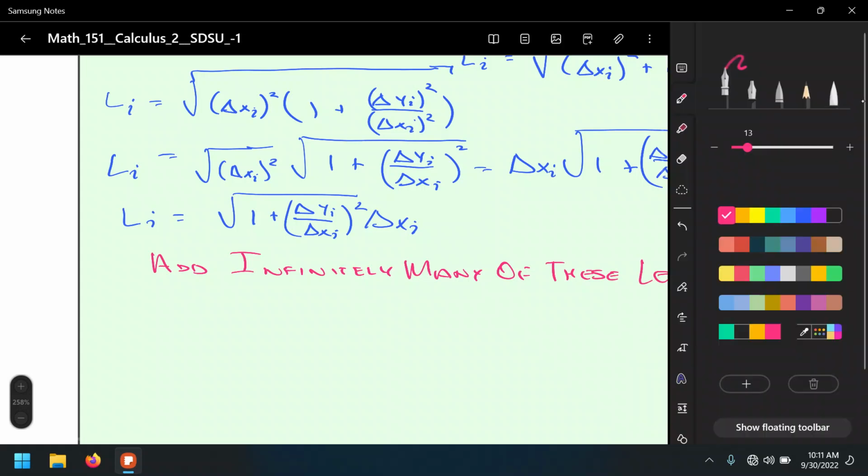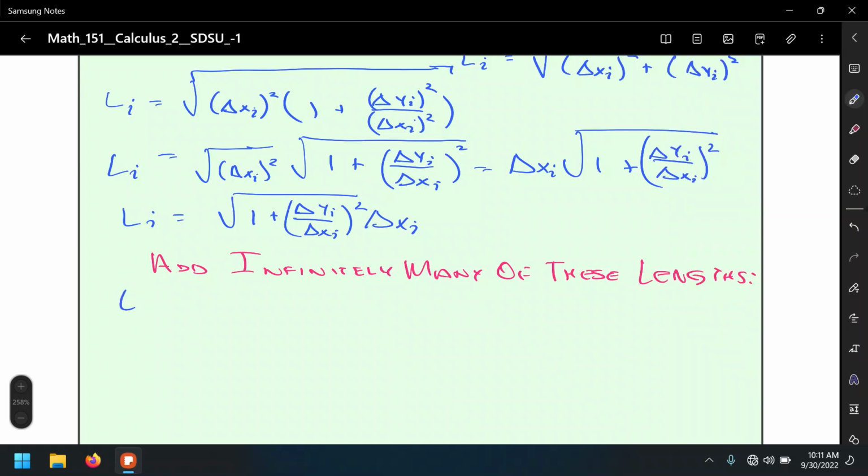So L equals L sub 1 plus L sub 2 plus L sub 3 plus dot dot dot plus L sub n.